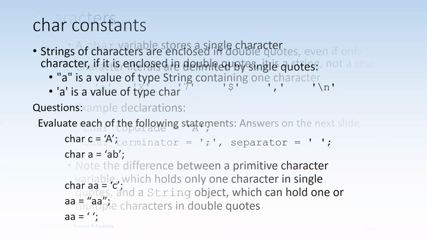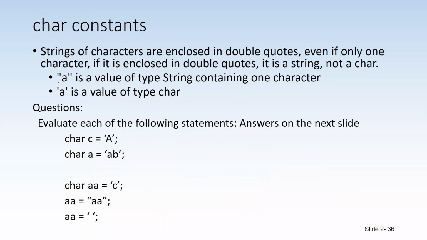Okay, so let's look at this. This is not a char, it's a string. This is a char. So let me ask you, is this a valid statement? Everybody, yes or no?